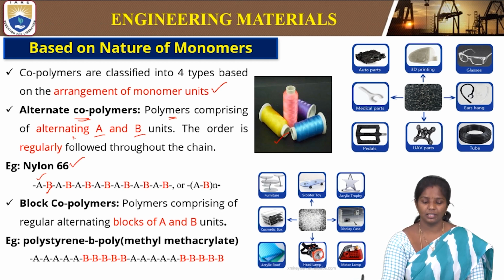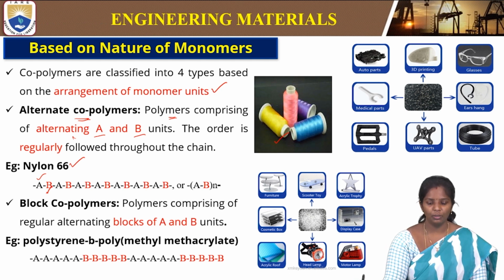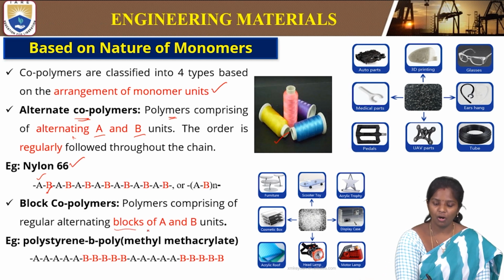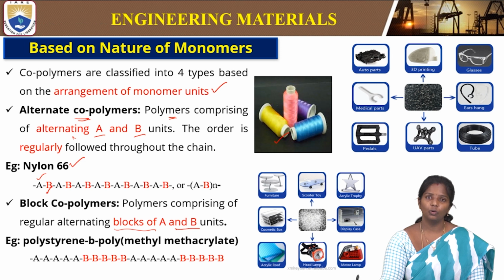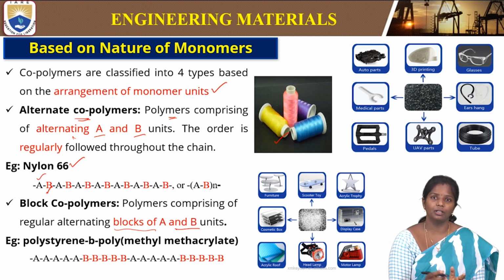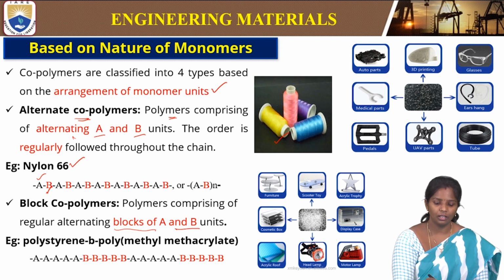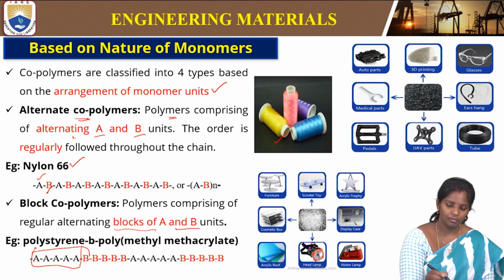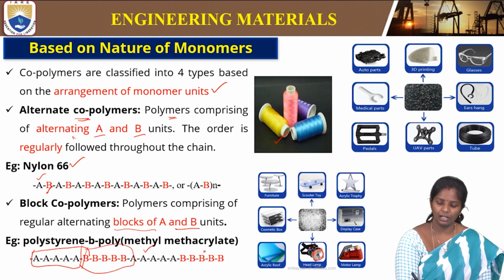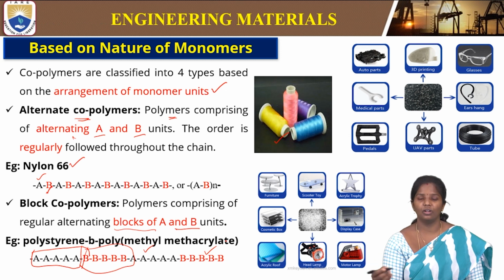So these are the good examples, and block copolymers are formed wherein blocks of A and B are regularly alternating. So the group of friends are again divided into two different groups, and they are forming teams just like that. A forms a group like a block, one block, and another block of B is connected, then again A and B, and the chain goes on increasing.